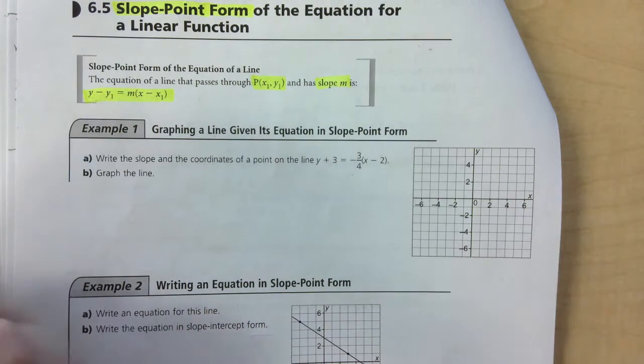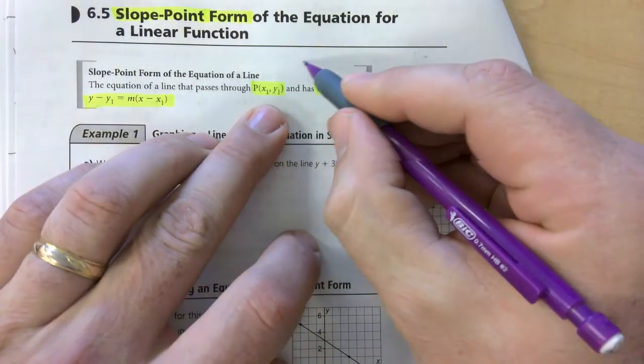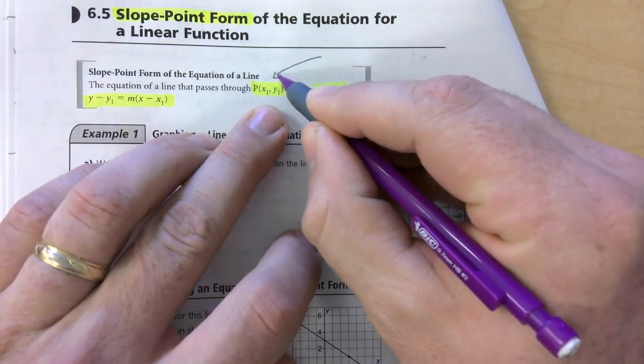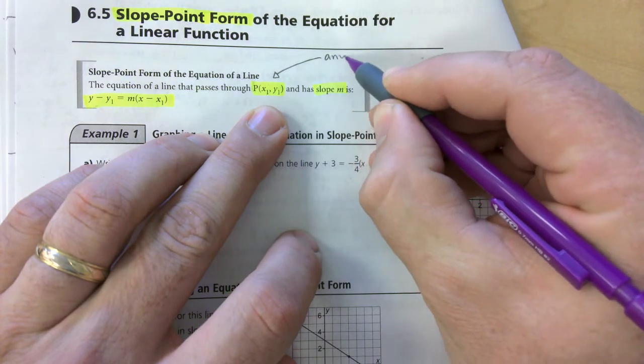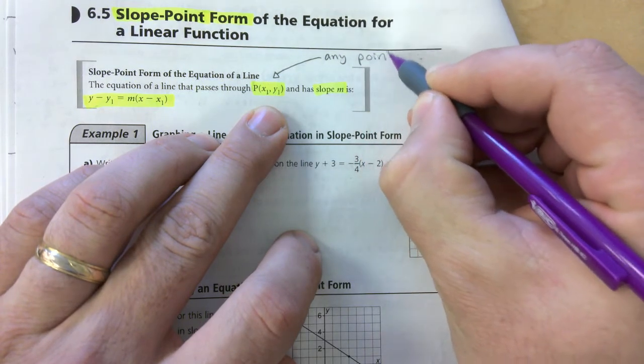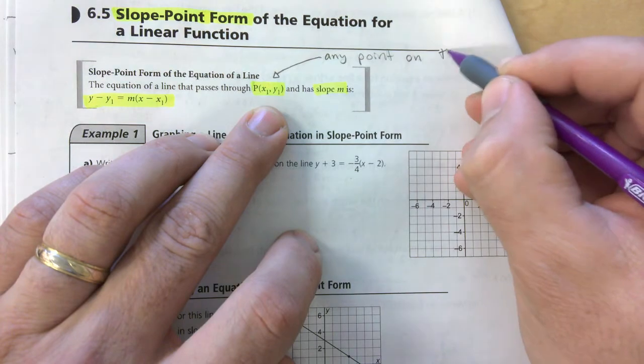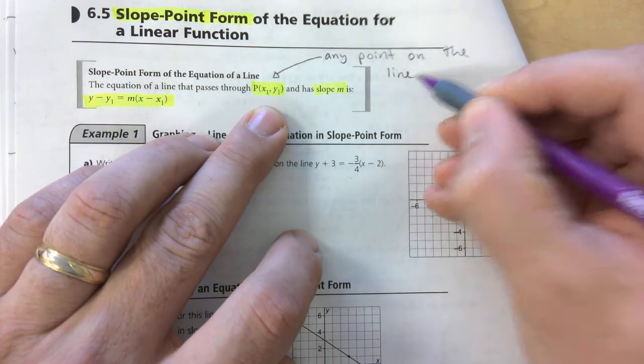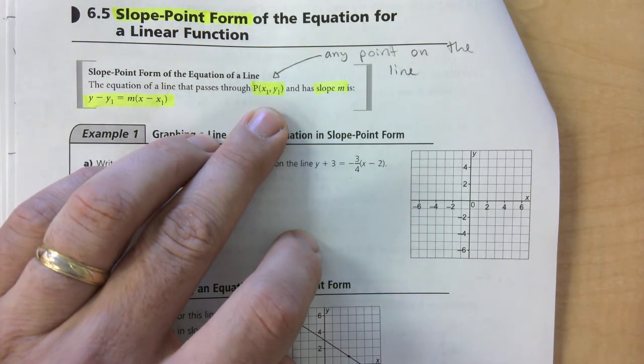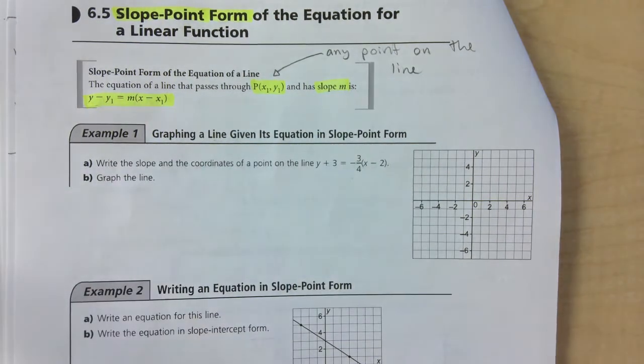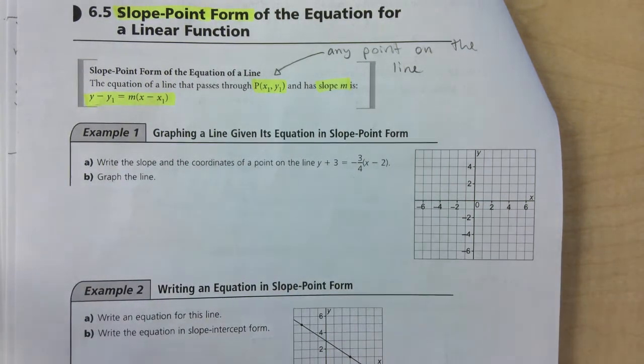And I will make a note here. This is any point on the line. It could be the y-intercept, by the way. It could be, but then we go to the first form, the slope-intercept. So then you would almost dismiss this one as like, hey, I'm going to go to that other form.